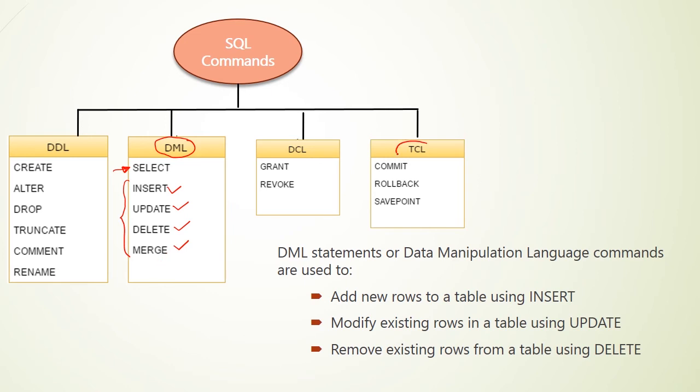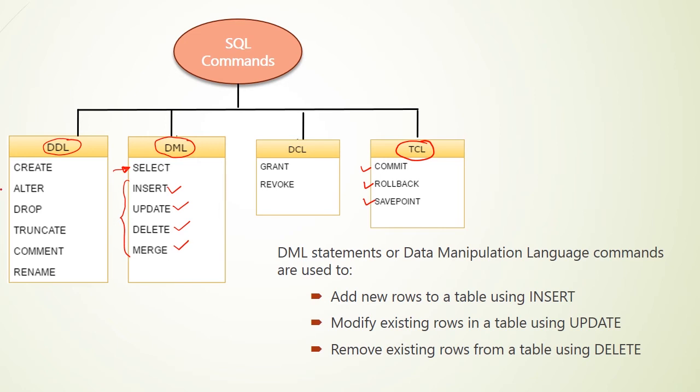The second category is transaction control language: commit, rollback, and savepoint. These commands will be discussed in this chapter. The third category is DDL, or data definition language. It's used to create database objects like create table, create index, create sequence, procedures, and so on.